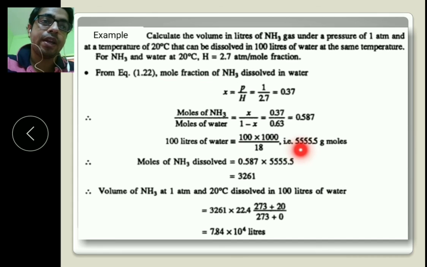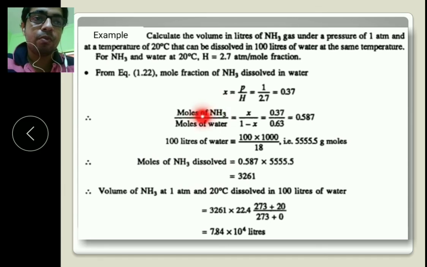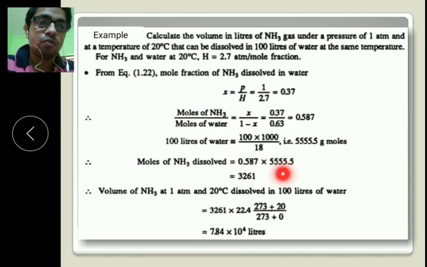From that we find the moles of water is 5555.5 gram mole. Multiplying this by the ratio gives the moles of ammonia dissolved.